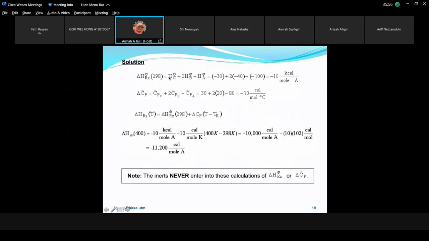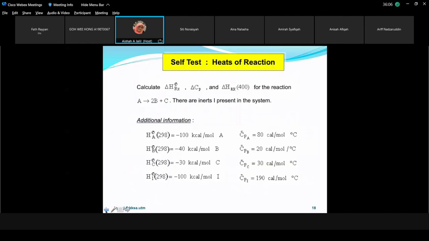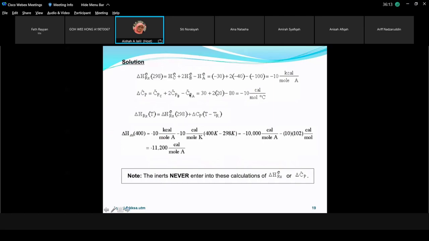This is plus for the product, this is minus, so you get something like this. C is a product, so plus; this is plus 2, this is minus 1. Okay, you can get this one.